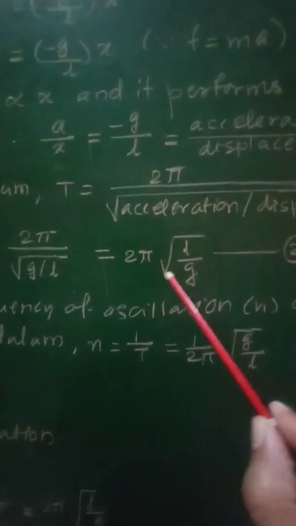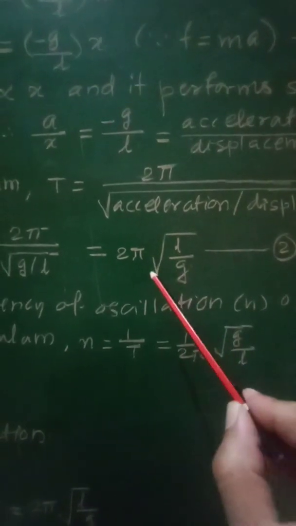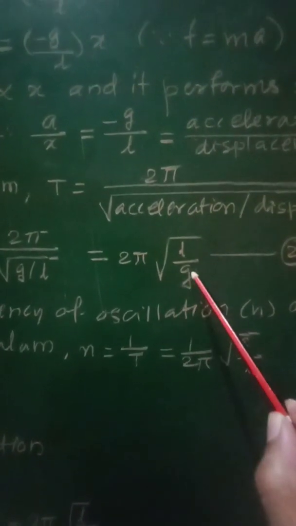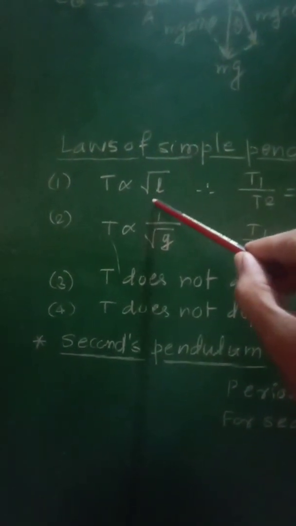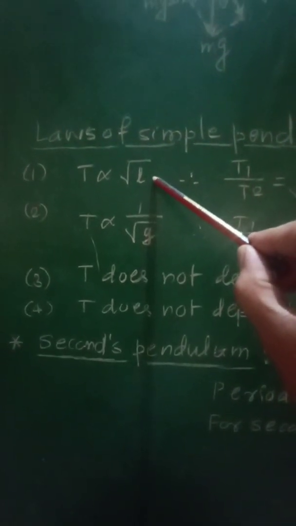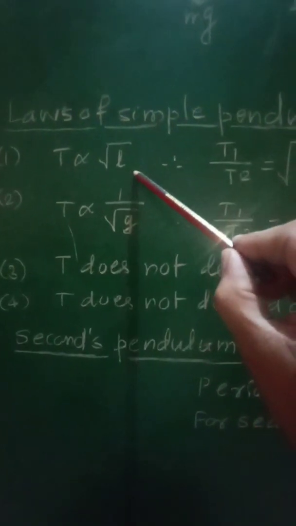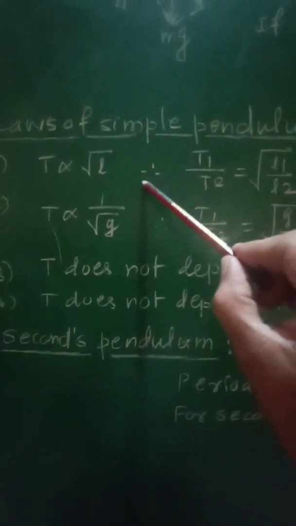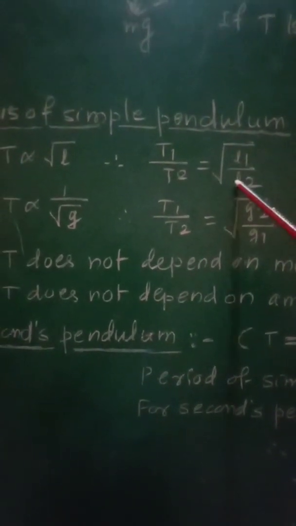Now from this equation T equals 2 pi square root of L by g, let us define some of the laws of simple pendulum. The first law states that the period of simple pendulum is directly proportional to the square root of length of the pendulum, and therefore we can write T1 by T2 equals square root of L1 by L2.